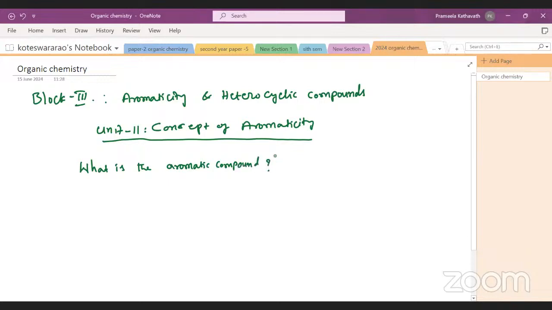When is it called aromatic? These two questions we need to pose before starting to understand aromatic compounds.